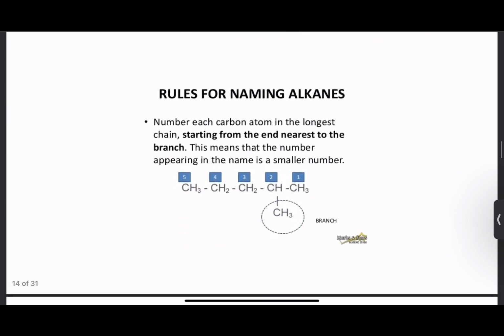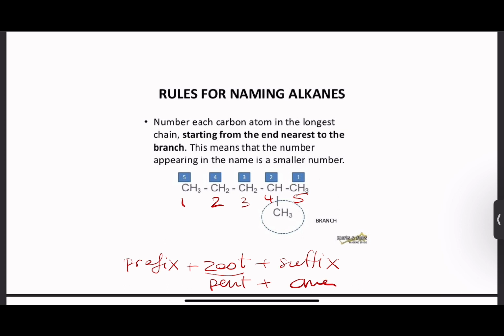Now we start numbering. If I start numbering from left to right, it will be 1, 2, 3, 4, and 5. You see, my root plus suffix and then plus prefix in the beginning, right? So my root is pent. My suffix is going to be ane because I only have single bonds everywhere. And my prefix has to do with my branch.